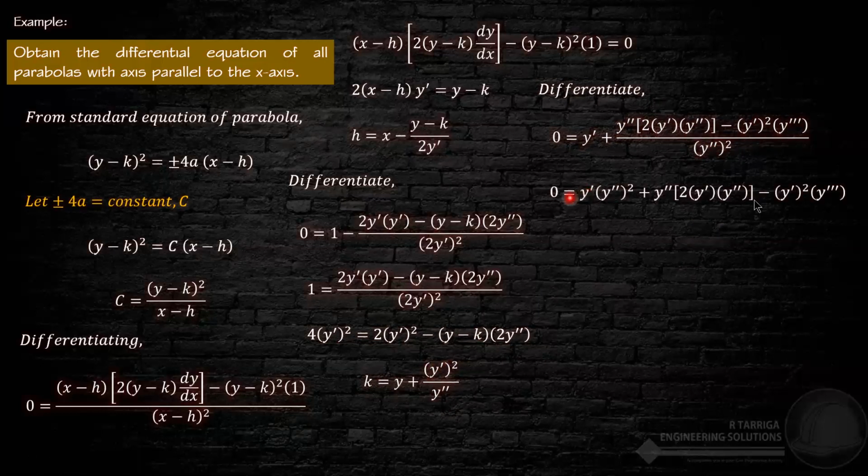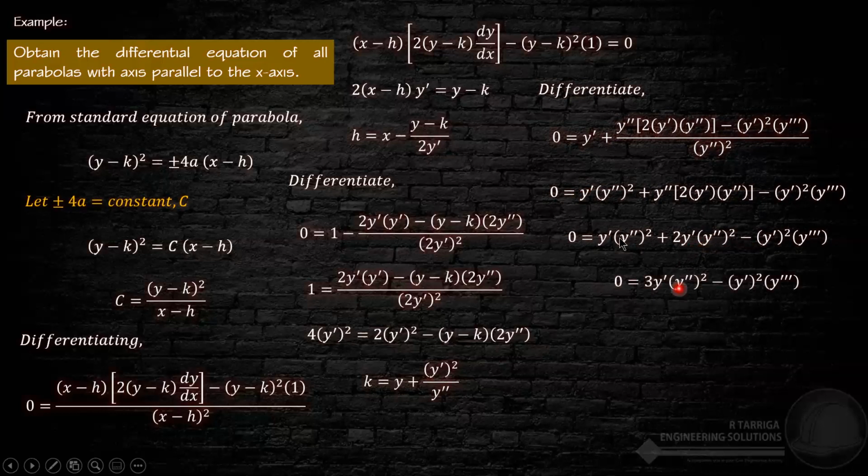Okay? Ito na yung pag-simplify natin. Simplifying further, ito. Okay? And ito, ma-add man siya. And now it would be 3 y double prime squared minus y prime times y triple prime is equal to 0.